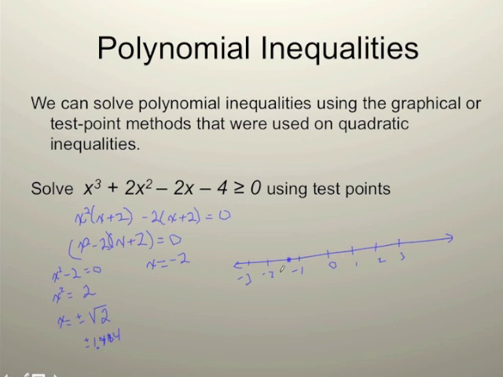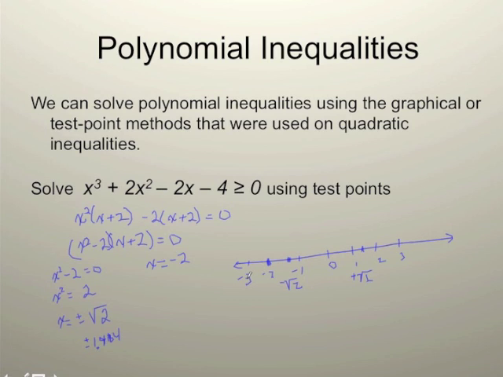So here would be negative the square root of 2, and about here would be positive the square root of 2, and then we also have negative 2. So those are the 3 points. So now I have 1, 2, 3, 4 regions. I have more points that I need to check.